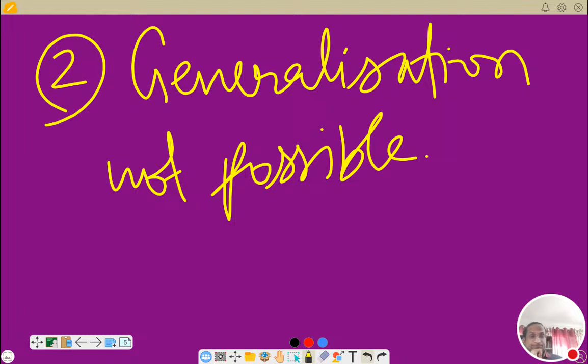What else? Since the generalization is not possible, we cannot have any particular hypothesis also. That is why the study done here is largely subjective.